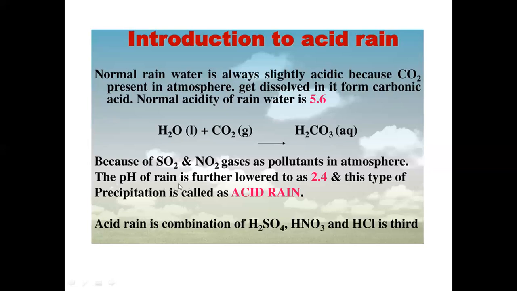The pH of rain can be lowered further, to as low as 2.4, and this type of precipitation is called acid rain. But you can assume that if the pH value is below 5.6, it is called acid rain, because normal rainwater has 5.6. Acid rain is a combination of sulfuric acid, H2SO4, nitric acid, HNO3, and hydrochloric acid, HCl.